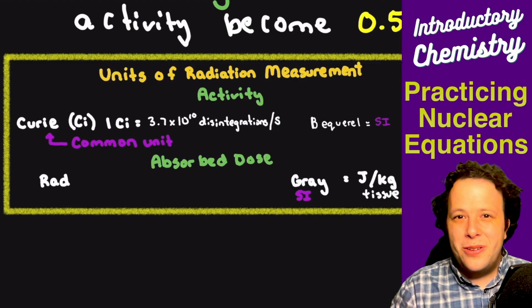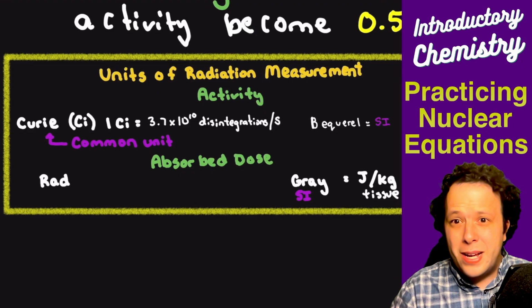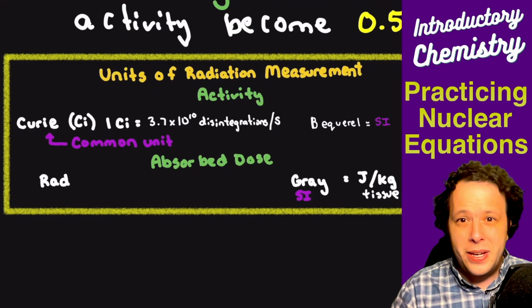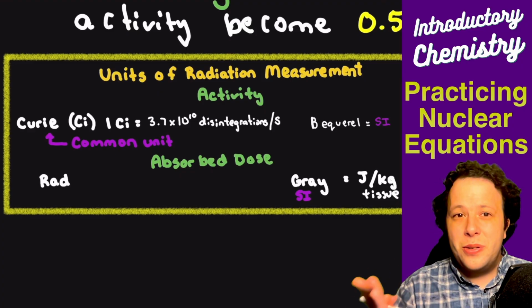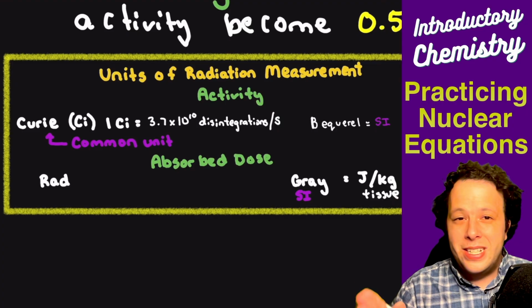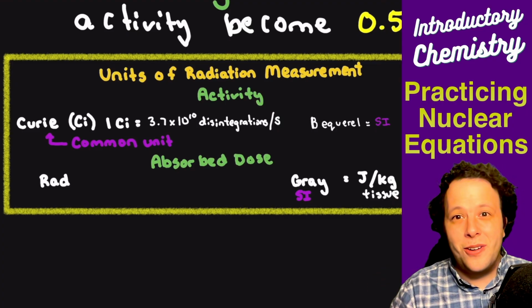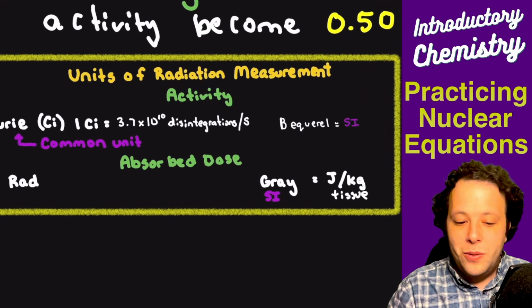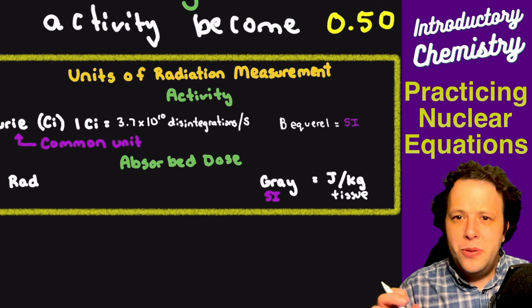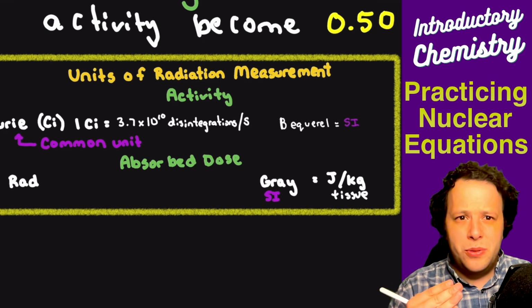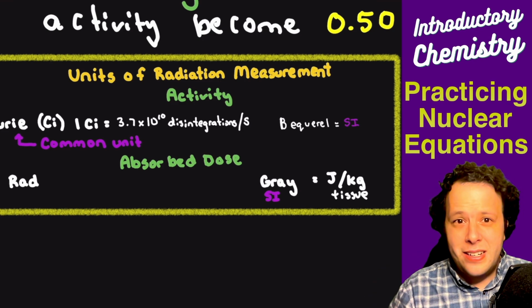So 1 Curie is equal to 3.7 times 10 to the 10 disintegrations per second. There's also the SI unit, which is a becquerel, or Bq. 1 becquerel is equal to 1 disintegration per second.